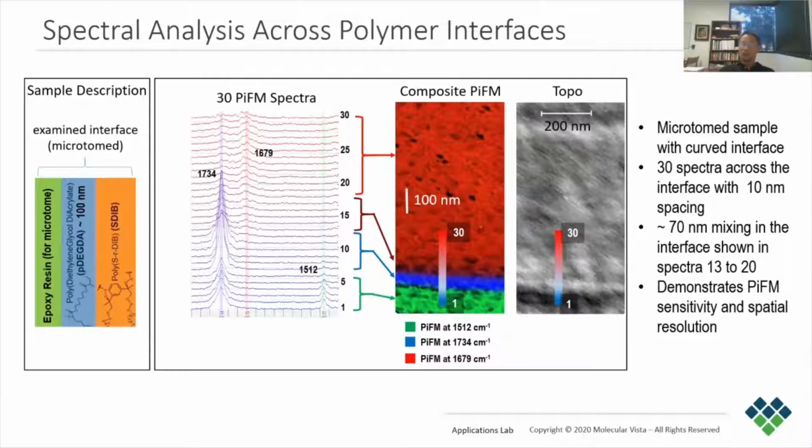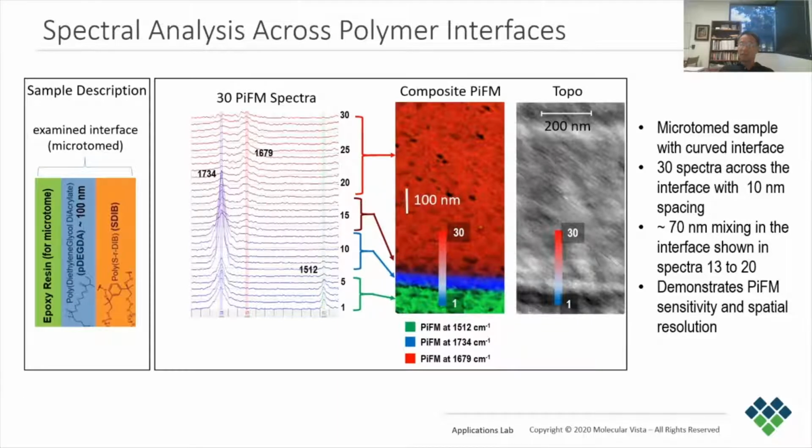To understand the local chemical state, we have taken 30 spectra across the interfaces with 10 nanometer spacing between each spectrum. Looking at the strong carbonyl peak at 1734 wave number, we see a sudden increase between spectrum number 5 and 6, consistent with the sharp interface between the epoxy and P-DEGDA layers observed in the chemical map image.